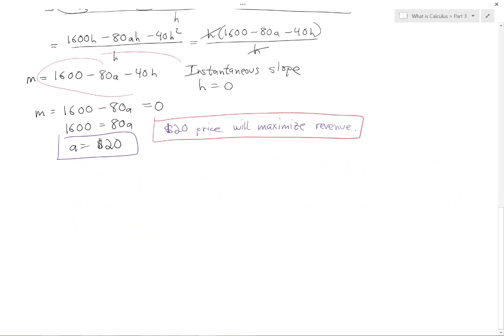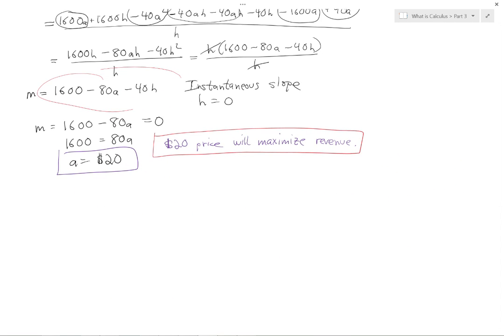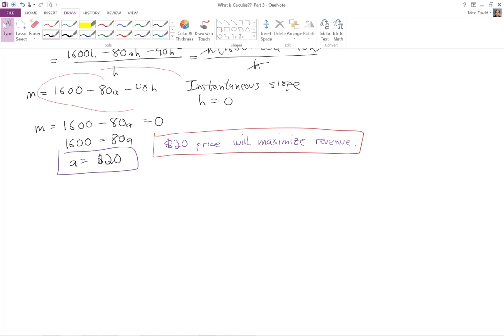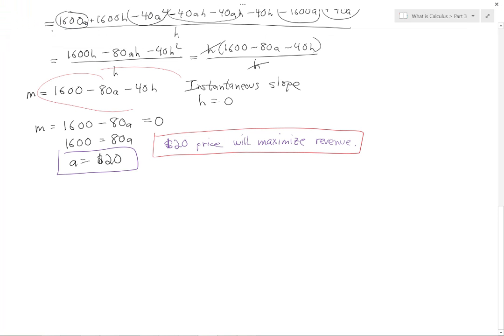But we can't just stick to the vertex formula, because the vertex formula only works when you have ax squared plus bx plus c. As soon as you put in x cubed or something over x or a square root, the vertex formula is useless. So that's why we do have to go through this process, although there will be easier ways to do this when you actually get into a calculus class.